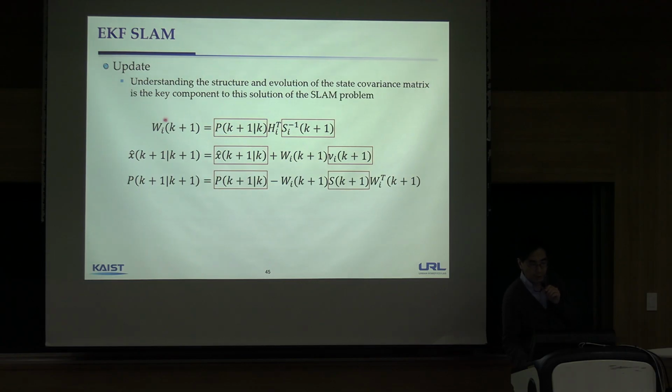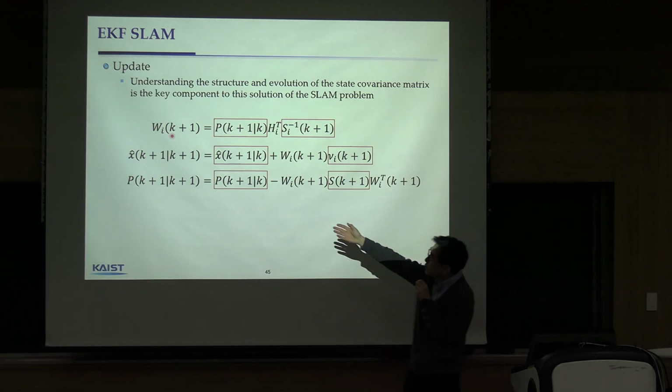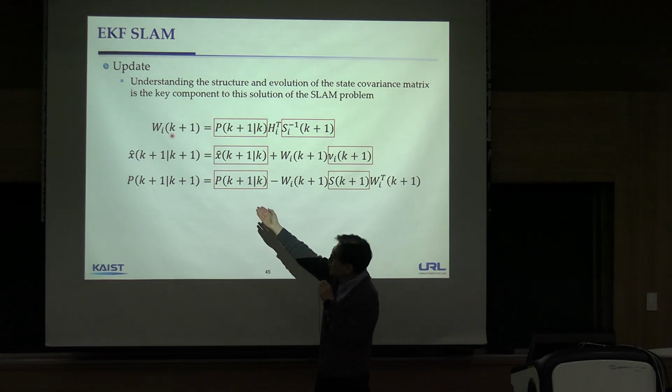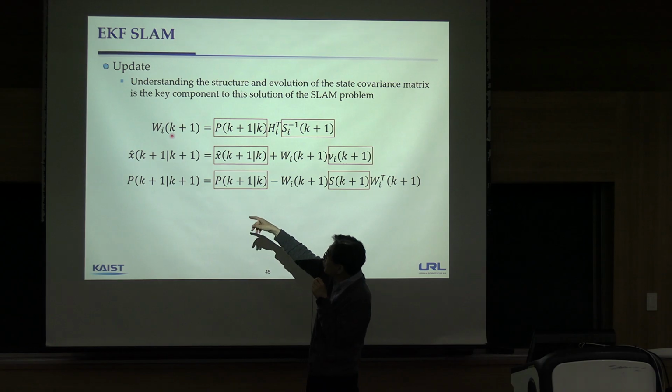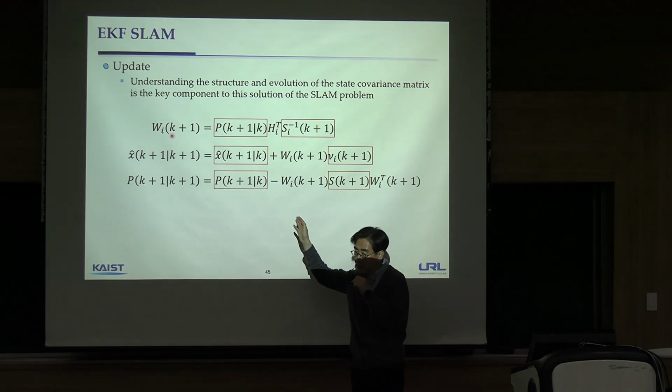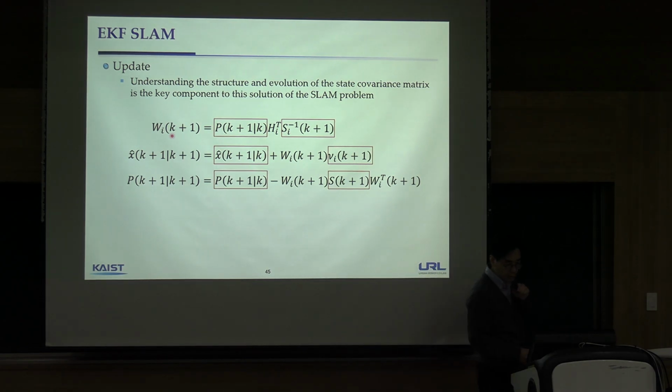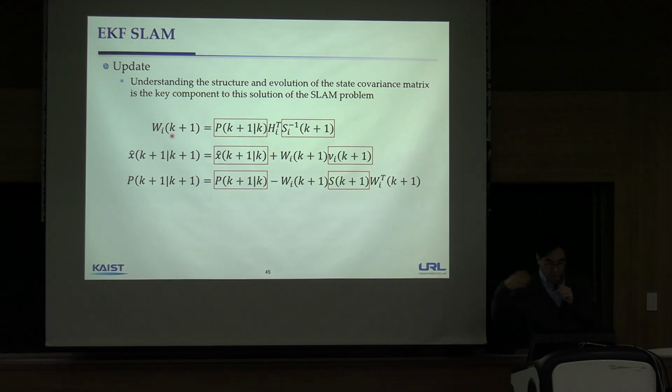And in the update step, we obtain the Kalman gain. In here, the symbol is changed. The large W sub i is equal to K sub i. So I'm sorry for the change of the notation, but they are the same. Kalman gain.